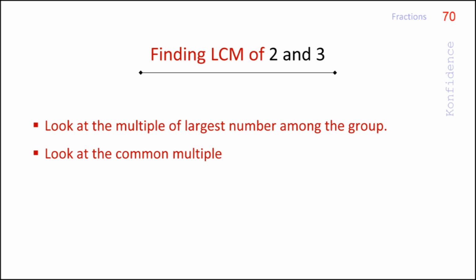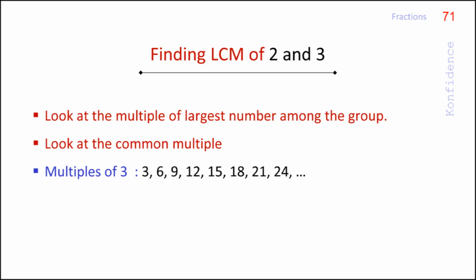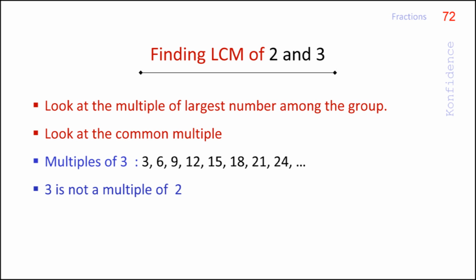Then, look at the common multiple of the largest number among the group and the next smaller number. Thus, in this case, look at the multiples of the largest number among the two, that is 3. Multiples of 3 are 3, 6, 9, etc. We know that 2 will not go in 3.